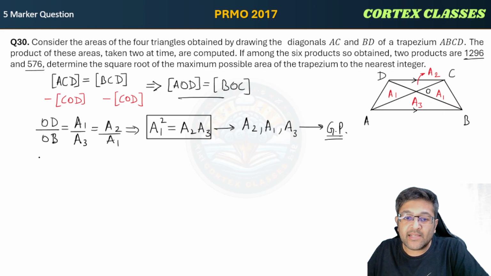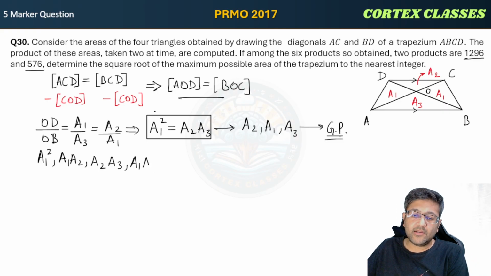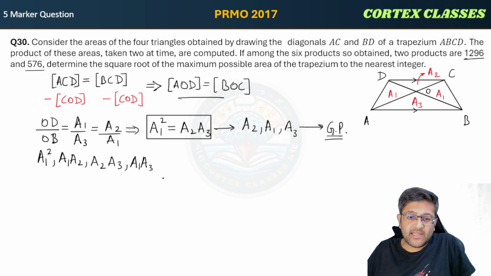What are the different possible areas that could have been taken? We have to multiply two at a time, so it can be A1 A2, A1 square, A1 and A1, A1 A2, and A2 A3, and A1 square, and then A1 A3. There are exactly four possible areas.